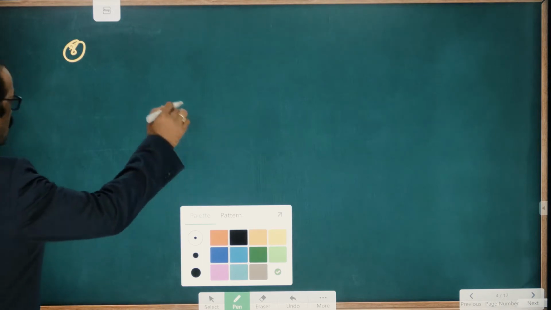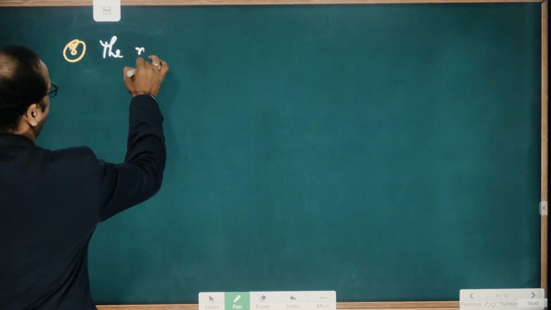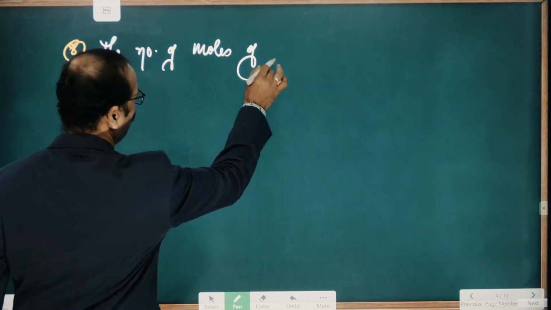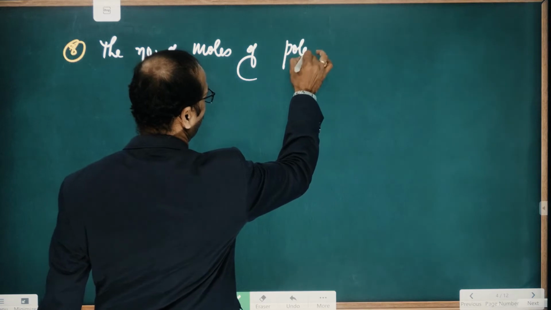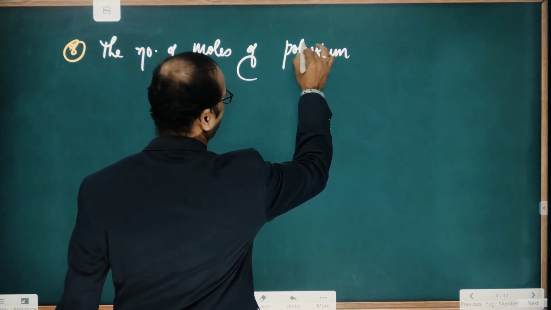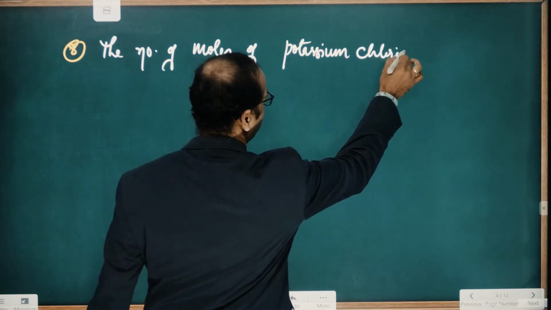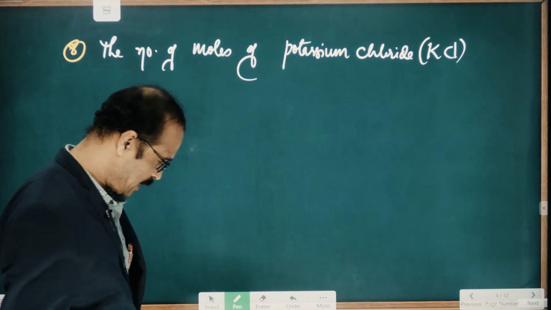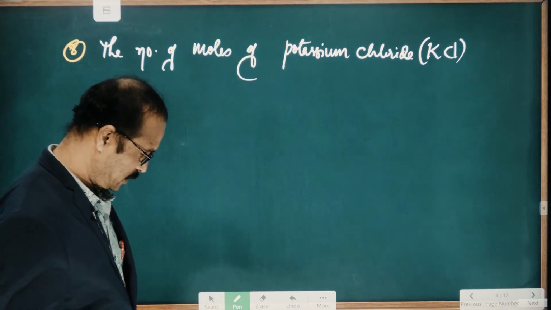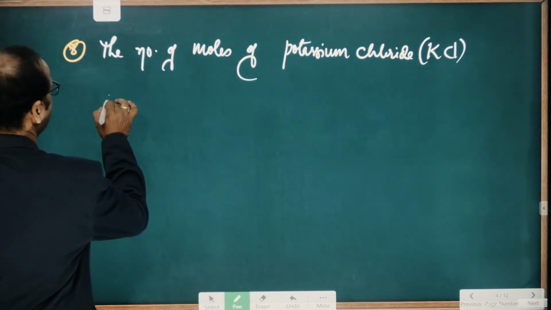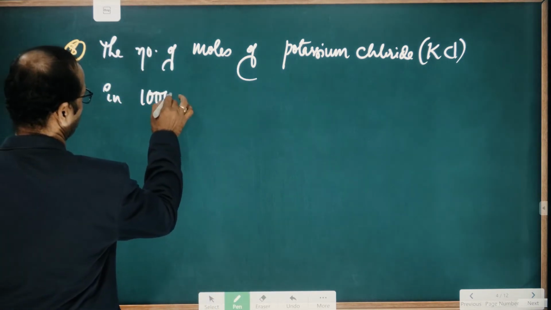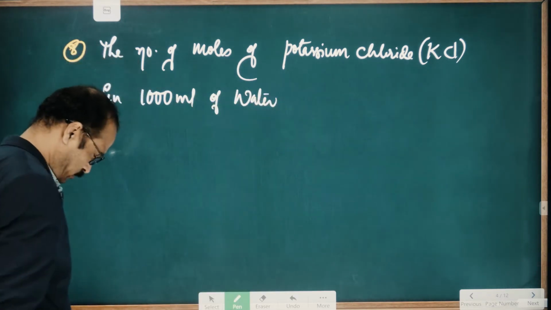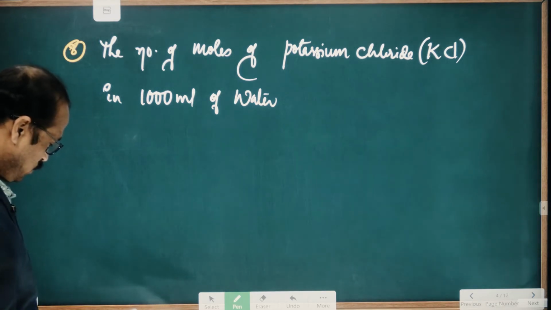The number of moles of potassium chloride, that is KCl, in 1000 ml of water of 3 molar solution.